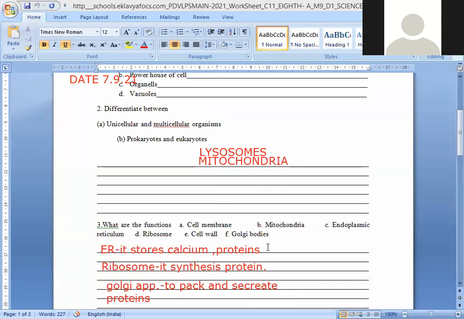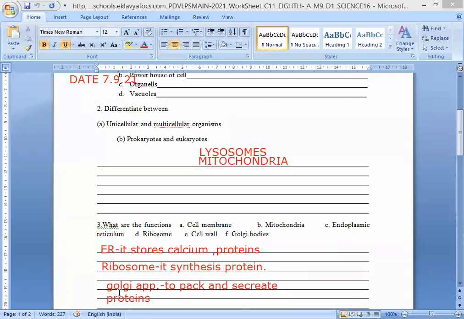So children, functions of 3 we have written. ER: it stores calcium and proteins and helps in transportation. Ribosome: it synthesizes the proteins present in the body. Golgi apparatus: it packs and secretes the proteins. So the rest, the function of first, cell membrane.